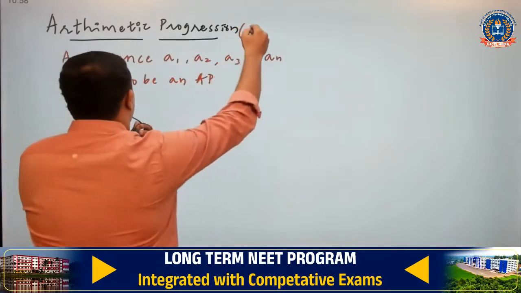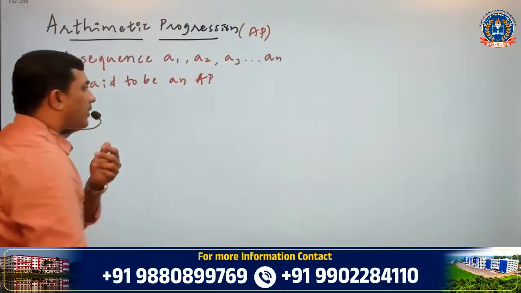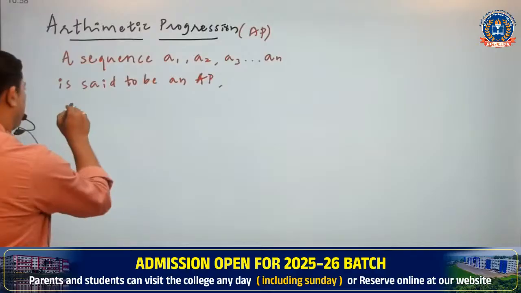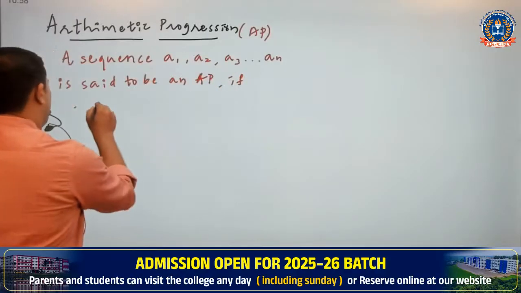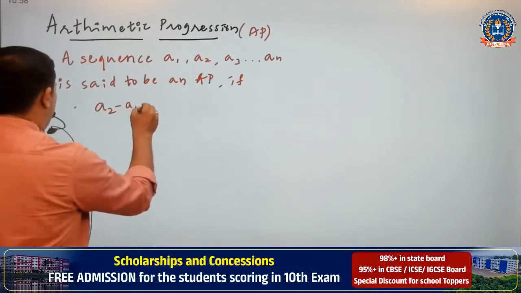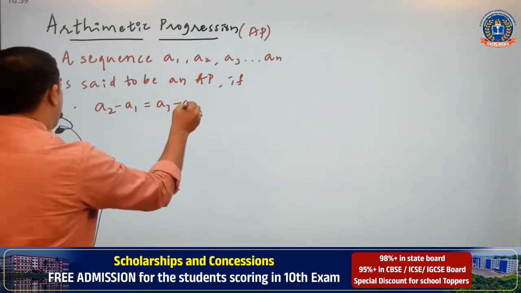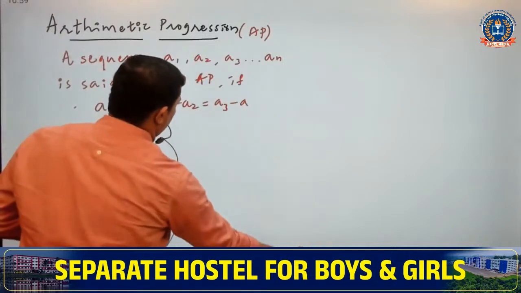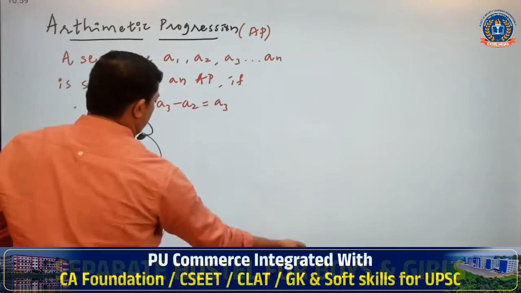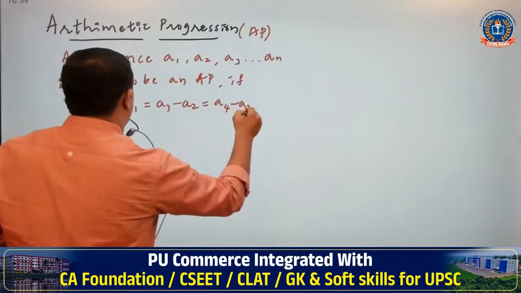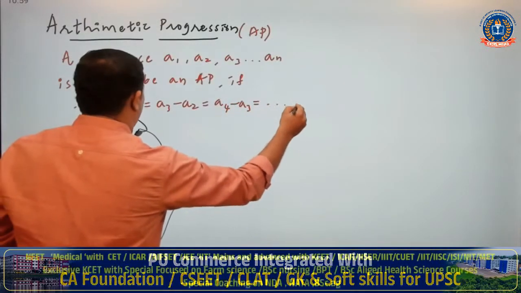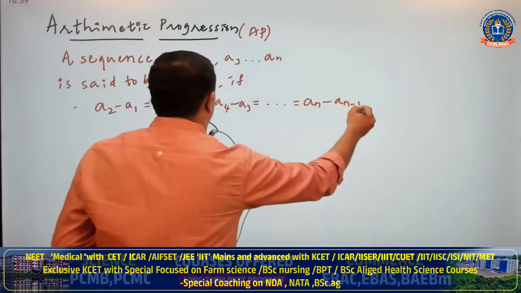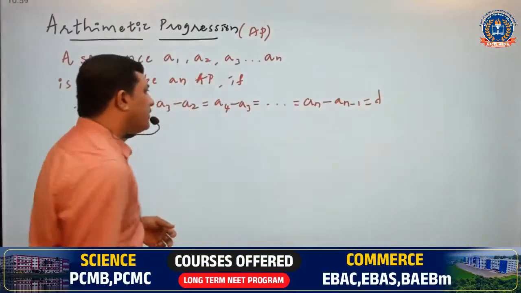In short, it is called AP. If A2 minus A1 equals A3 minus A2 equals A4 minus A3 and so on, up to AN minus A(N minus 1), that should be the same.